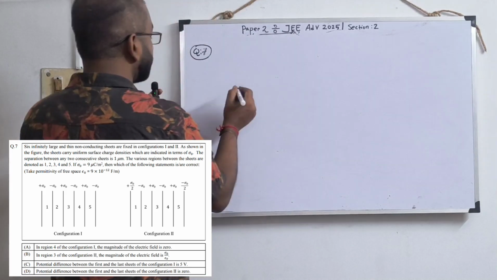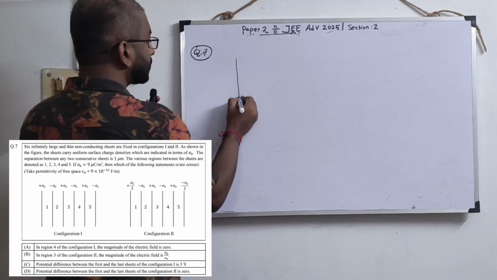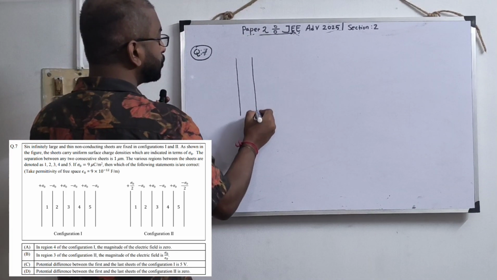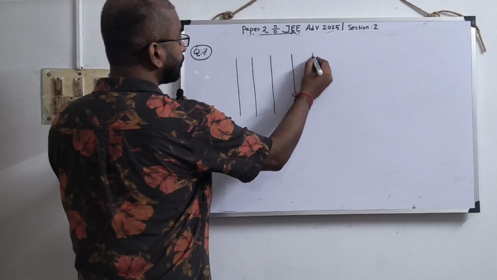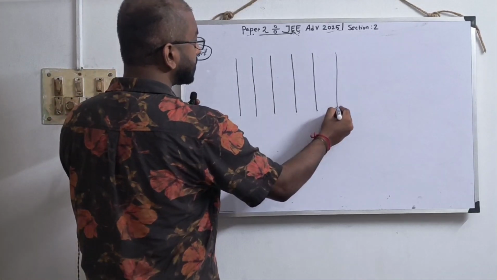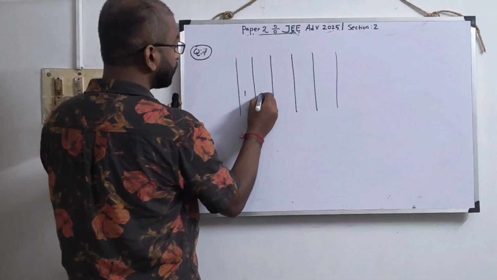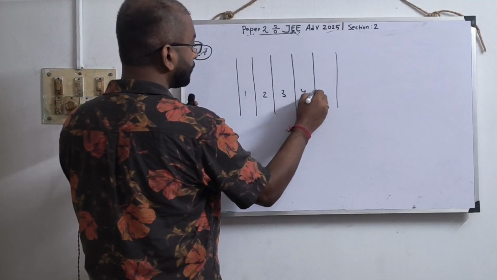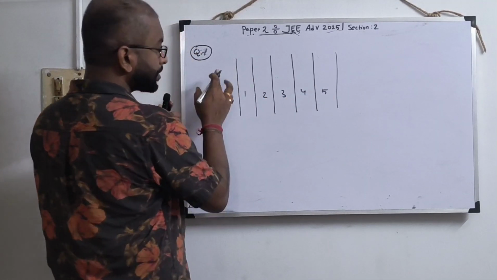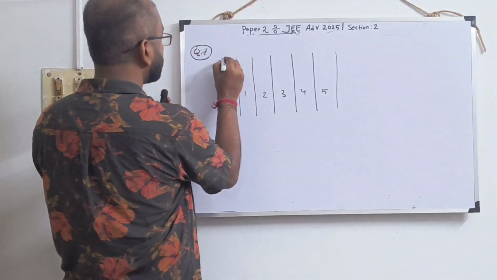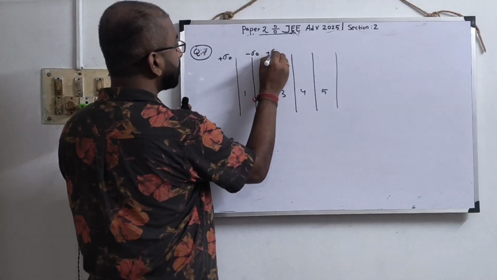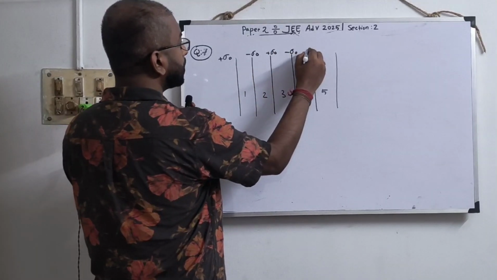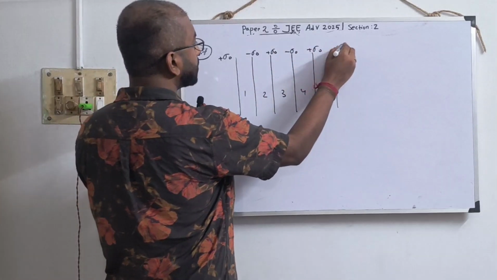So this is configuration 1, we'll draw. First 1, 2, 3, 4, 5, 6. So region 1, region 2, region 3, 4, 5. This charge is plus sigma naught, minus sigma naught, plus sigma naught, minus sigma naught, plus sigma naught, minus sigma naught.